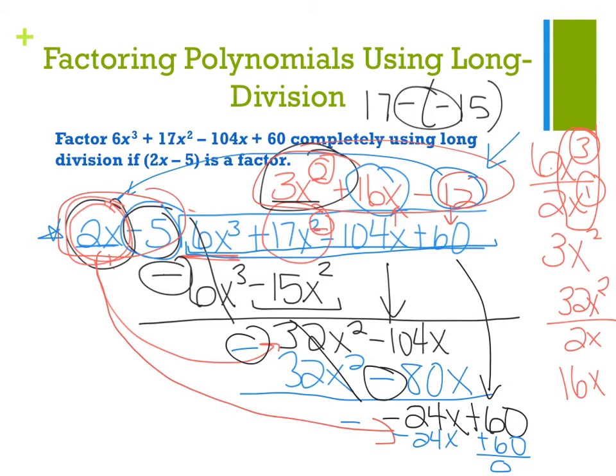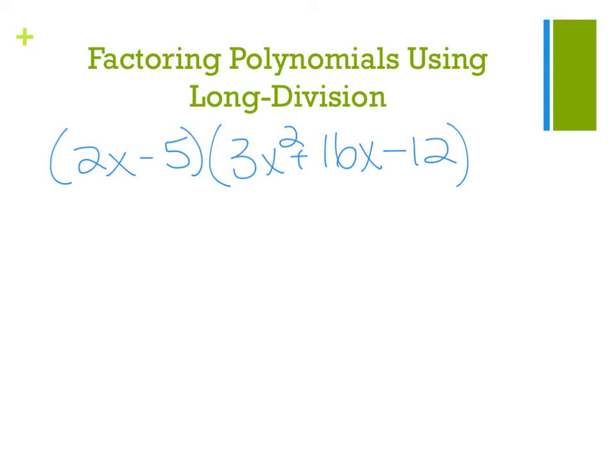So I should be able to check that answer. We have a divisor of 2x minus 5, a quotient of 3x squared plus 16x minus 12, and if I multiply those two together, I should get my dividend, which had a lead term of 6x cubed.